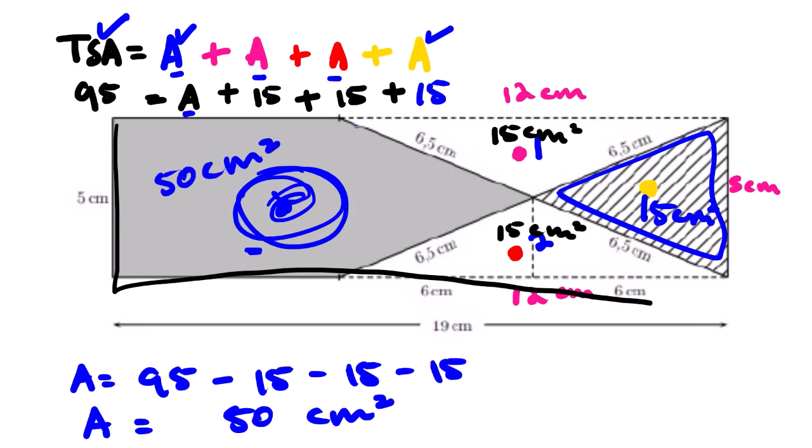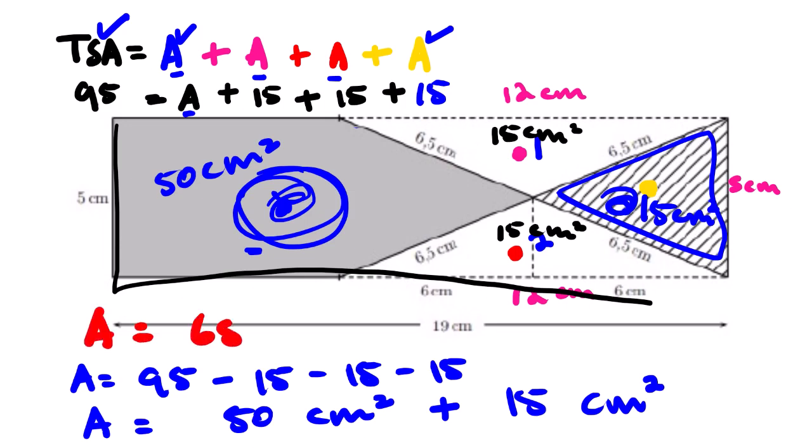So 50 centimeters squared plus the yellow one, we get 65 centimeter squared. So that is the actual answer. The area we get is 65 centimeter squared.